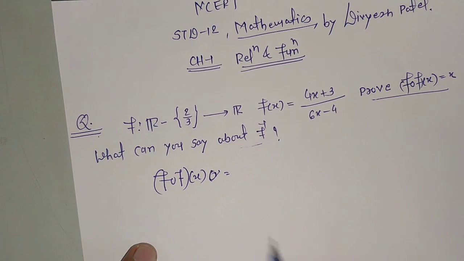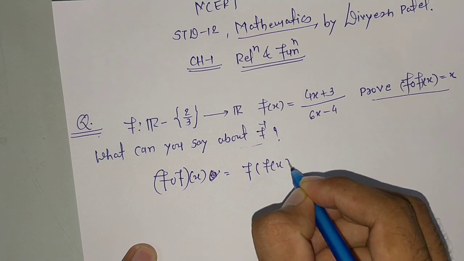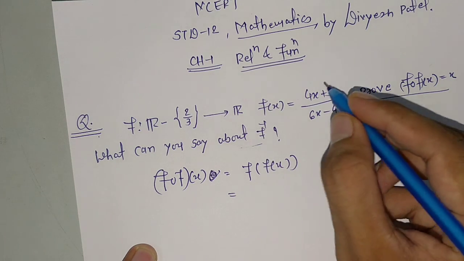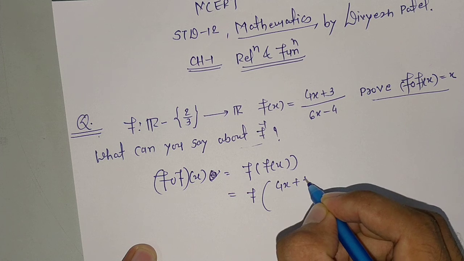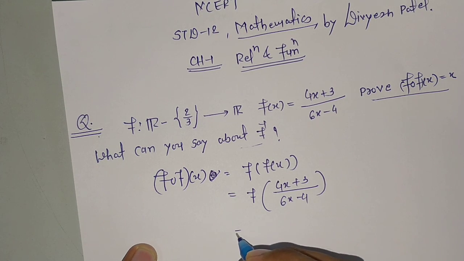So we can write f of f(x). f(x) is given as (4x + 3) upon (6x - 4).